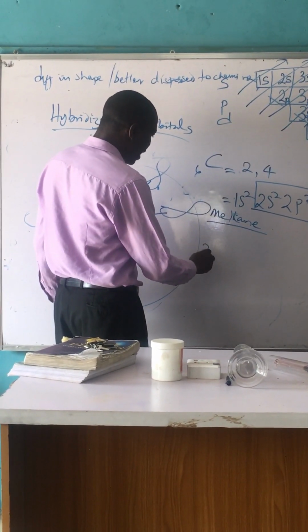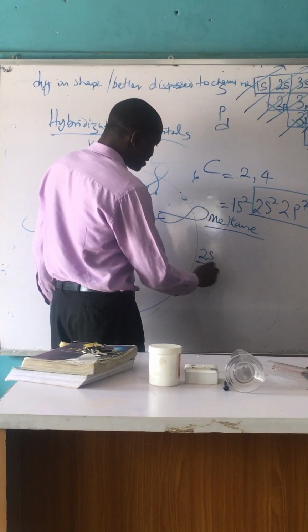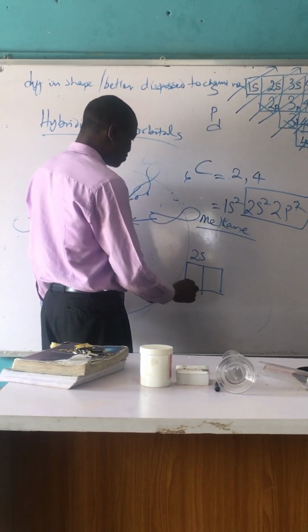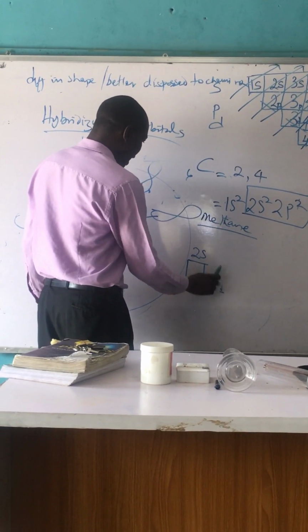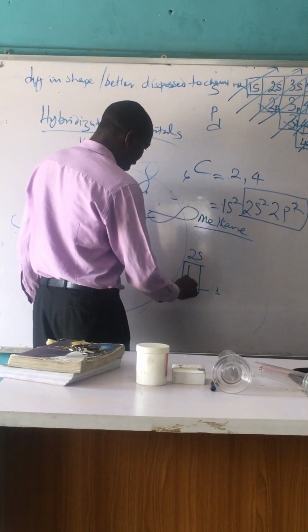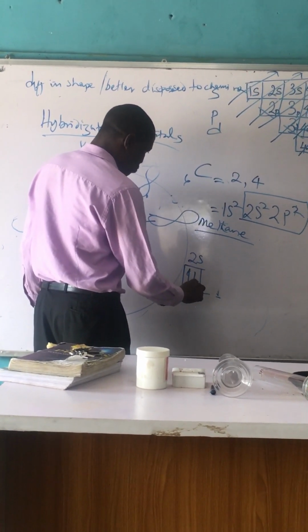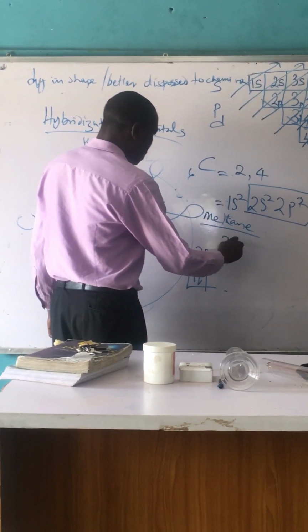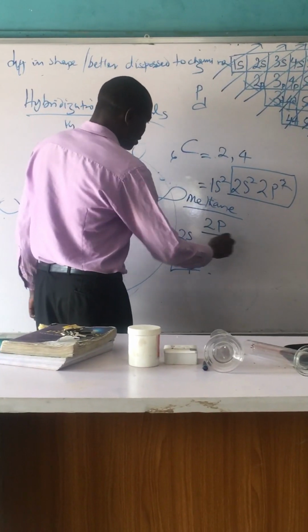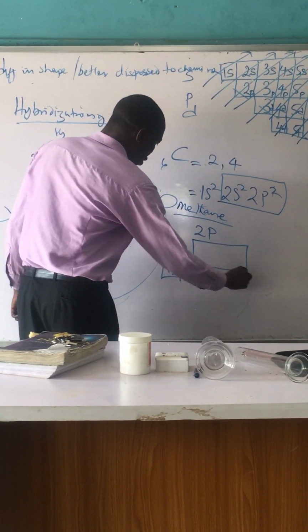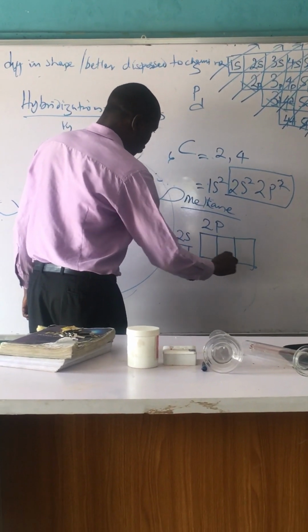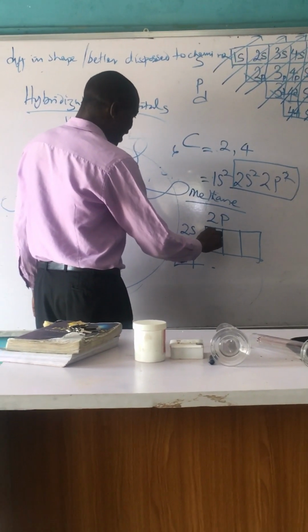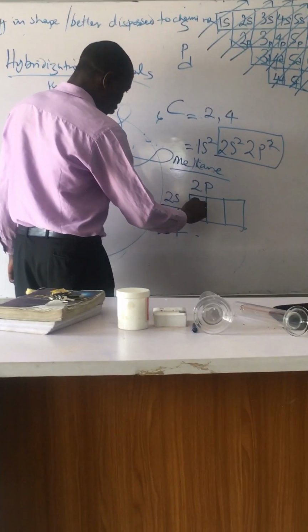Now, for the 2s orbital, we have this: one electron spin up, then another with opposite spin. For the 2p orbitals, px, py, pz, we have this.